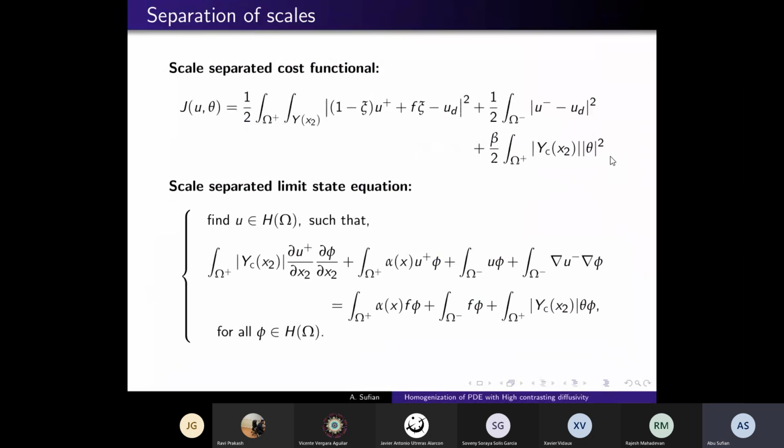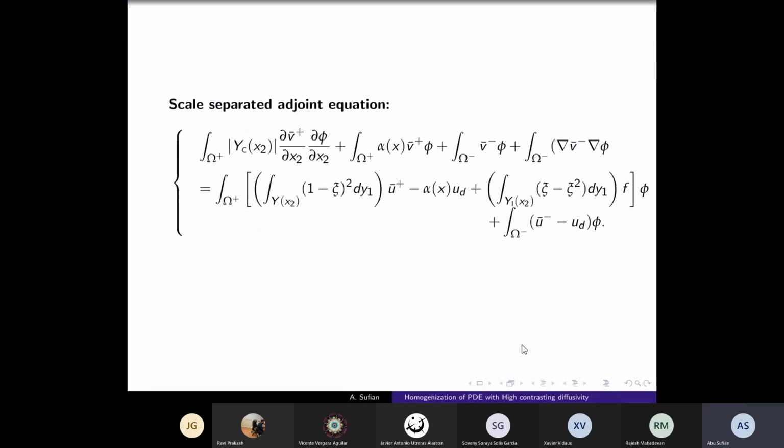And the scale separated limit state equation is given by: find u belongs to H(Ω) such that the left hand side has the same structure as the variational form. In the beginning we have homogenized, but the right hand side we are going to have extra alpha x fp plus integral over Ω minus fp plus integral over Ω plus |Y_c| x2 theta phi, where theta is our control, for all phi belongs to H(Ω).